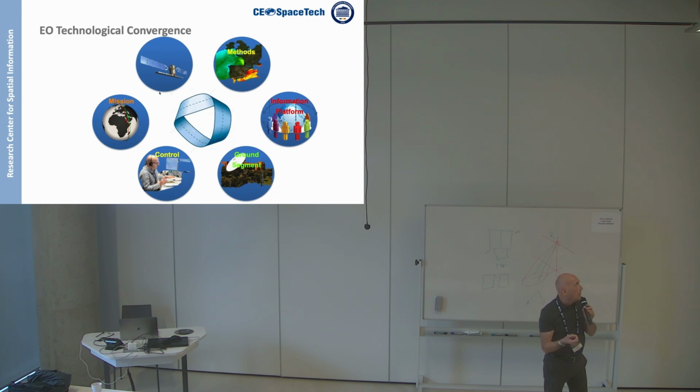We have to know the metadata, because in the metadata we have information about all of this. We have to know how to access the data in the platform, and we have to know the models of the physical parameter we want to extract. Because if we want to measure moisture or canopy height, we need a model behind. And we have to put all this knowledge together.